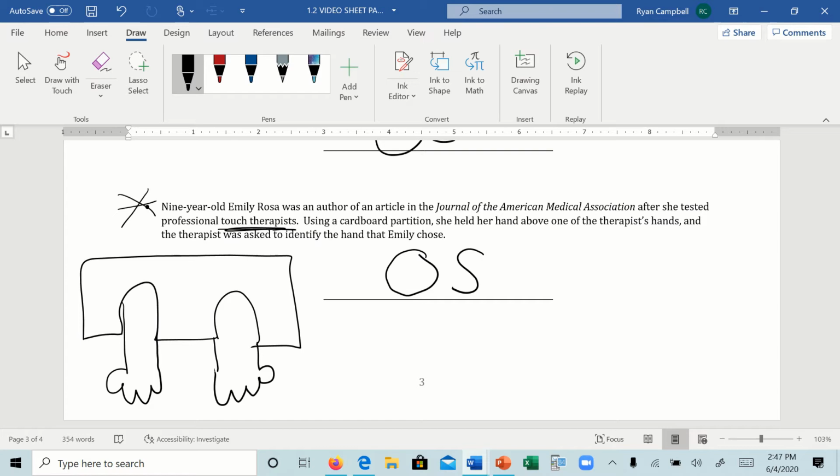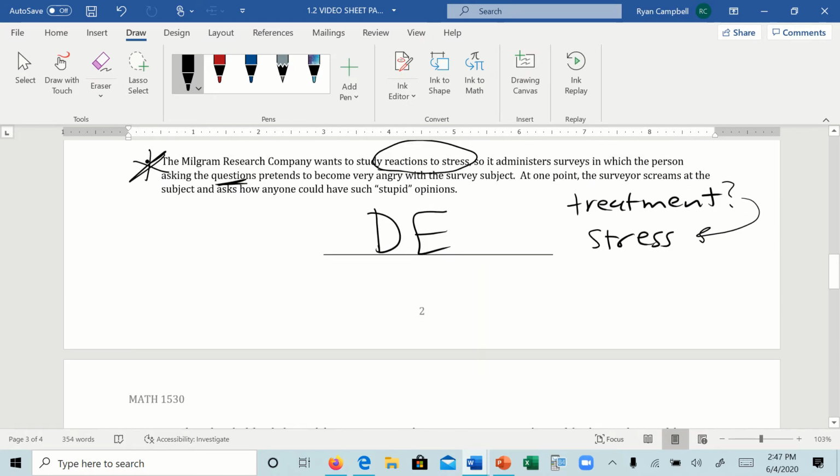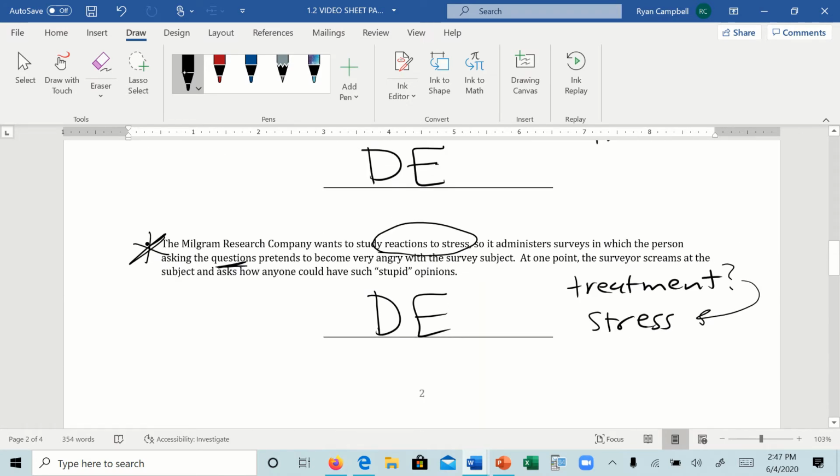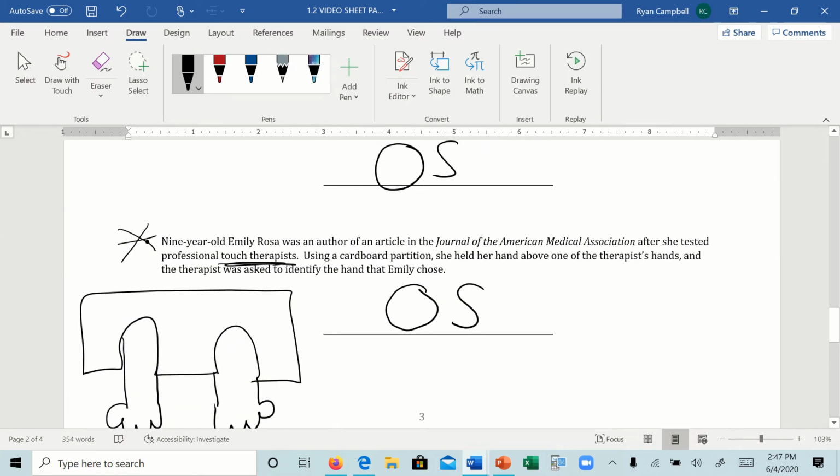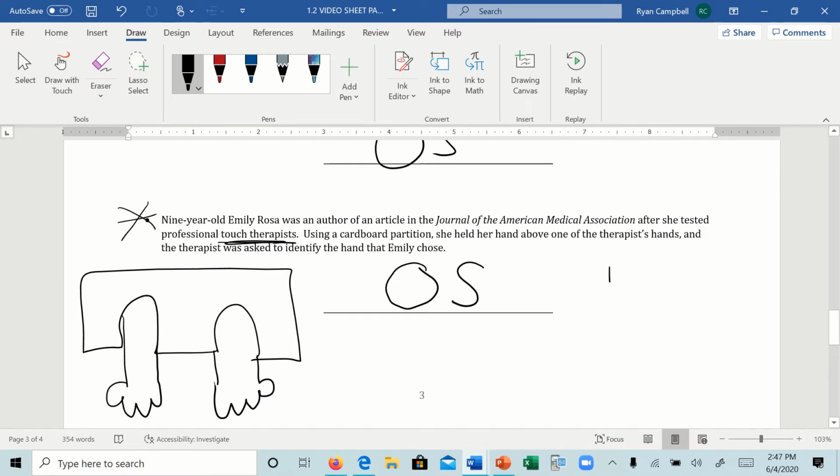So again, just like in that other hard case, right? Just because it's a designed experiment does not mean that it has to physically be touching the person, right? You can have psychological stress or psychological treatment. And just like with the observational study, it does not mean that you can't interact with the person, right? But ultimately, in this case, there is no treatment being applied.